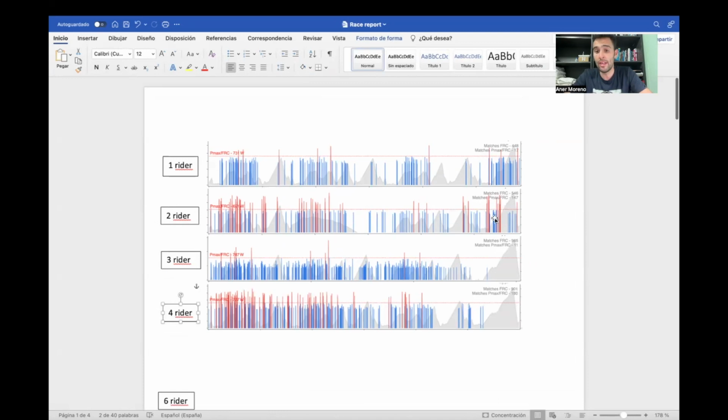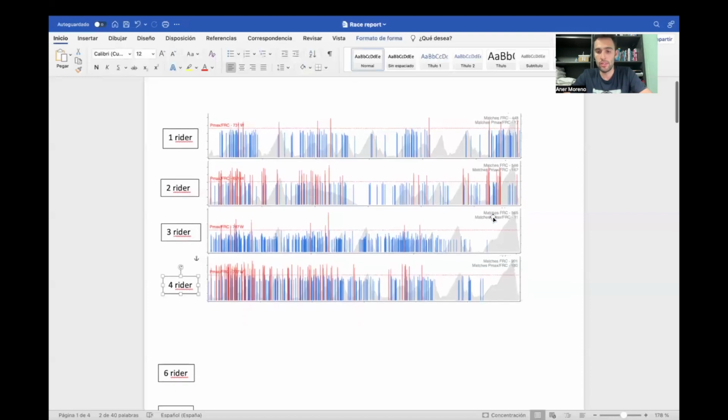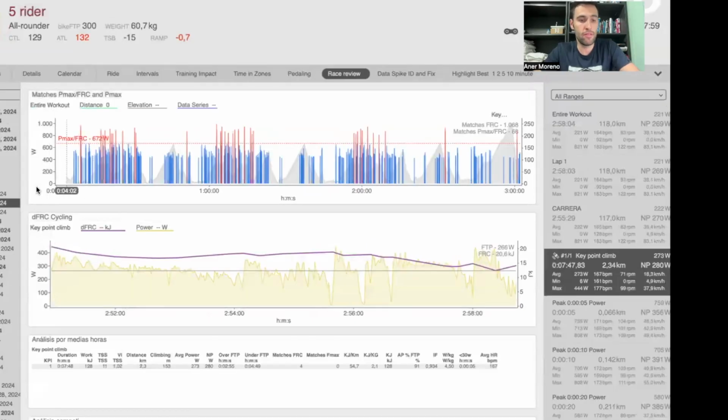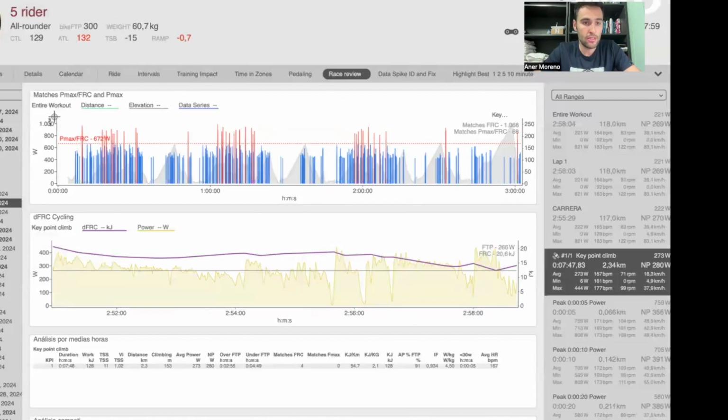So look at the point before starting the last climb, how he was helping with the positioning in the peloton. This is very important to look at because it is significant for a good rider who is helping his teammate. The same for the fifth one. Make the screenshot here.